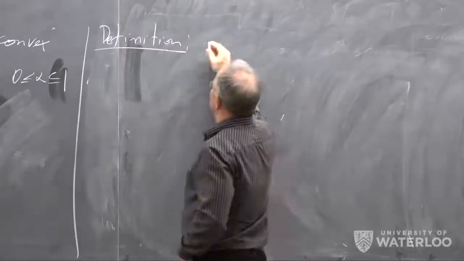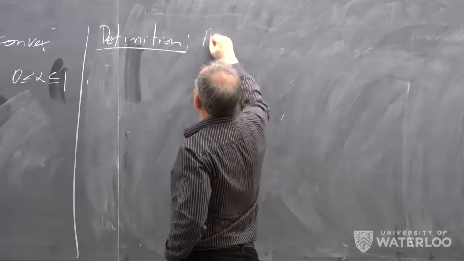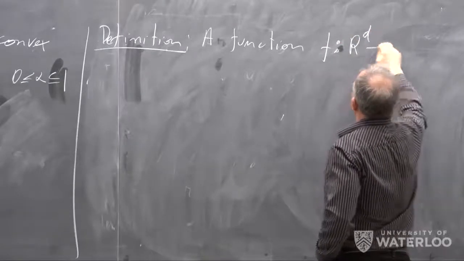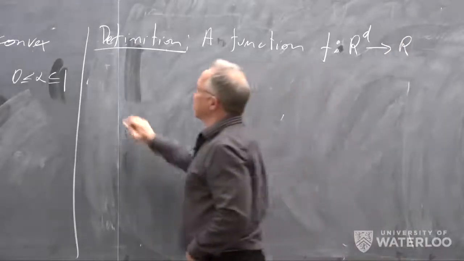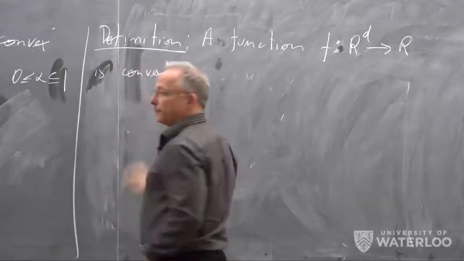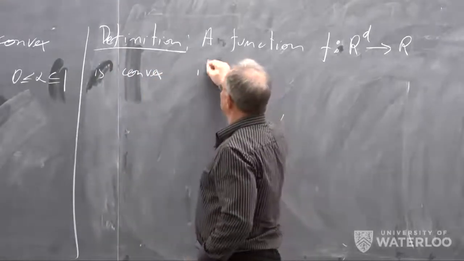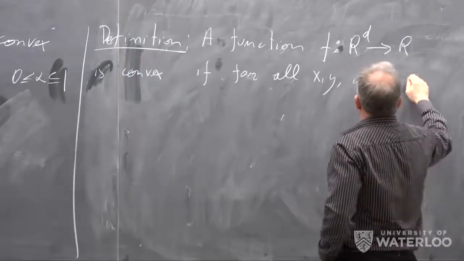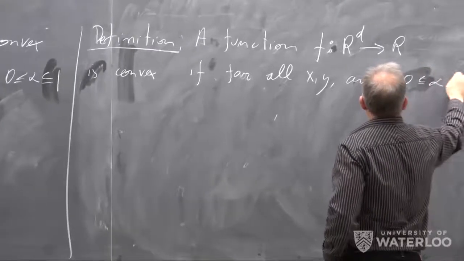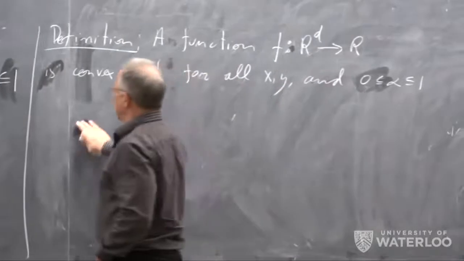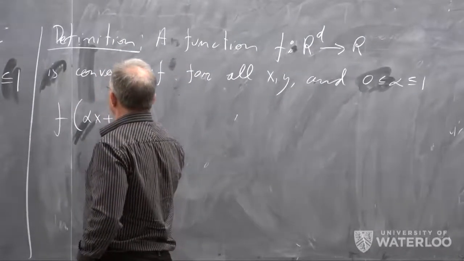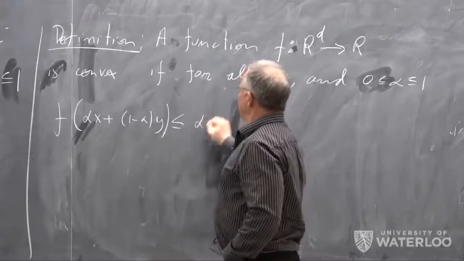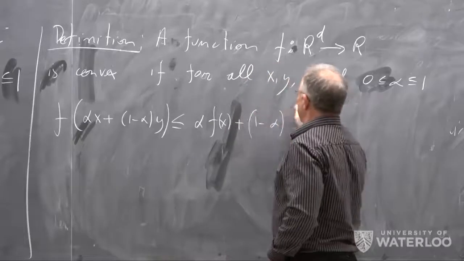I say that a function f that goes from Rd to R is convex if for all x, y, and alpha between 0 and 1, f of alpha x plus 1 minus alpha y is less or equal alpha f of x plus 1 minus alpha f of y.